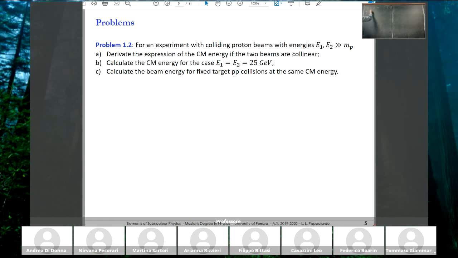So s is (P1 plus P2) squared, that is P1 squared plus P2 squared plus twice P1·P2, and then we have minus P1 squared minus P2 squared minus twice P1 scalar product with P2.